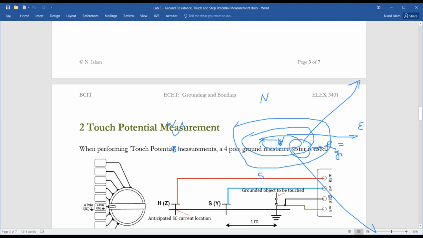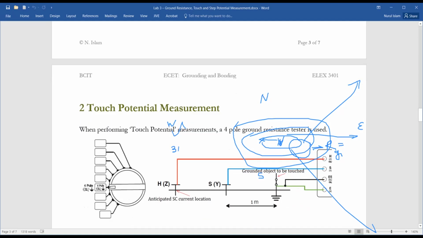Okay, now step potential, again you will inject current far away, so the same distance you can use, the distance we used here for our ground grid resistance measurement. Okay, now for step potential, again we'll have all 4 terminals, but only the grounded object will be connected to the bottom terminal E, and 2 auxiliary electrodes will connect to S terminal and ES terminal, and those 2 electrodes will act as our feet.